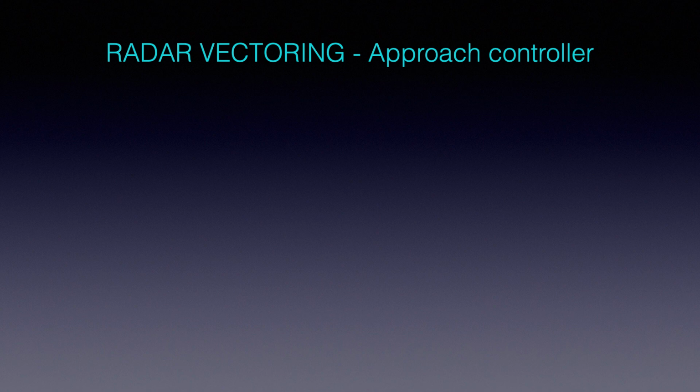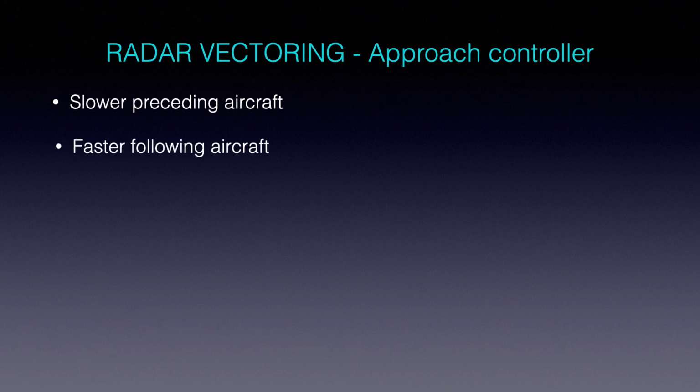We saw there from a center controller, and we're going to show 2 scenarios, and I don't want to be too involved in this. We're going to look at one scenario where you've got a slower preceding aircraft, and the next one we're going to have a faster following aircraft. Now, that more or less means the same thing, really, doesn't it? Yep.